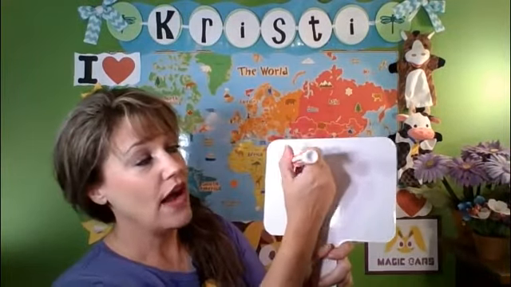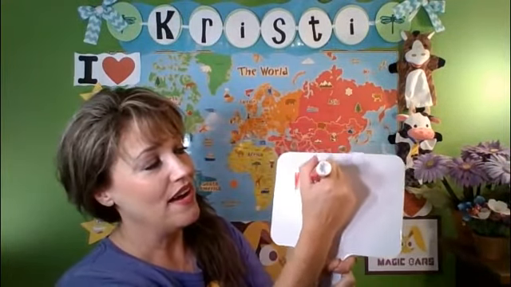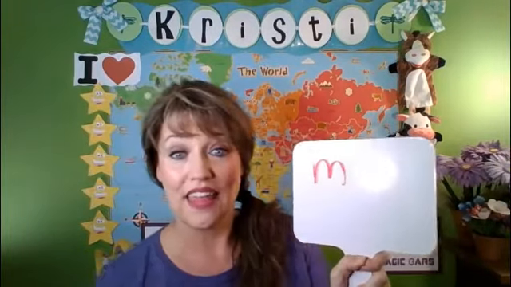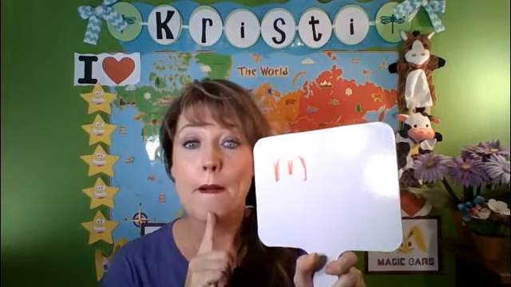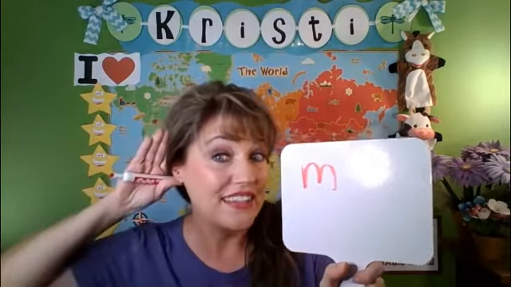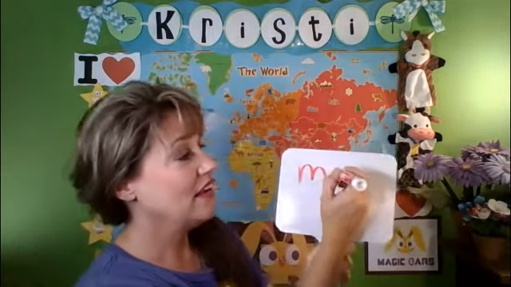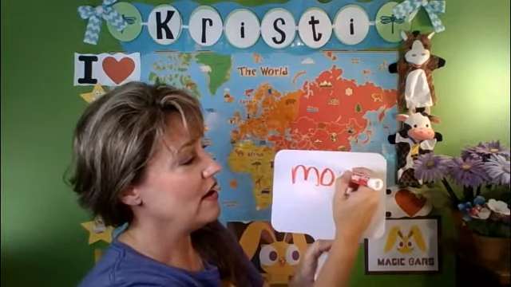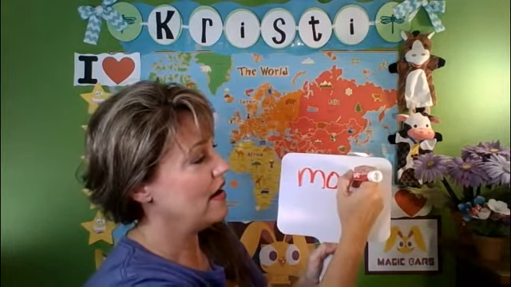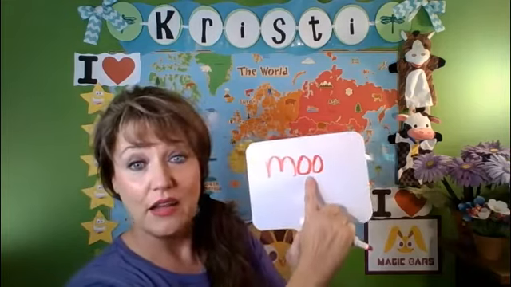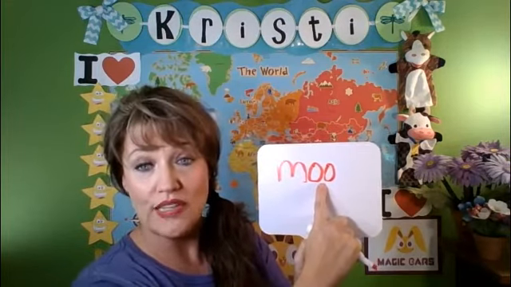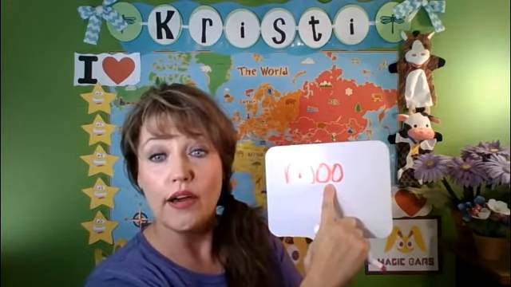So write M, mm. Listen for them to say it. And then continue on and point to both O's and say, ooh.